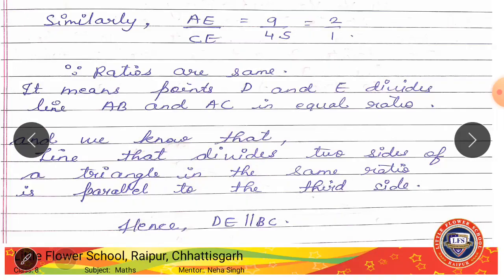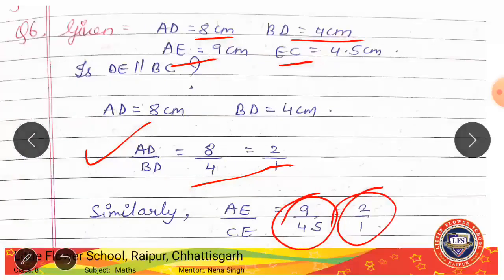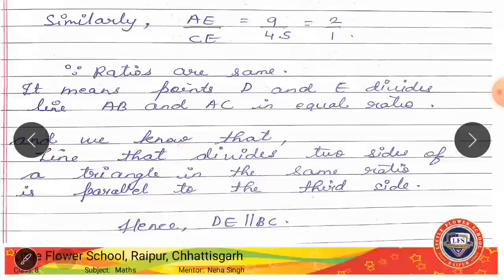Since AD upon BD equals AE upon EC, these two ratios are the same, it means points D and E divide lines AB and AC in the same ratio.